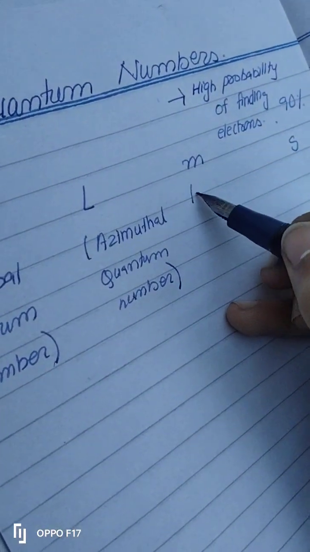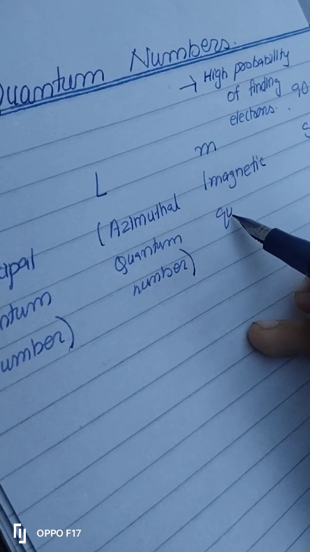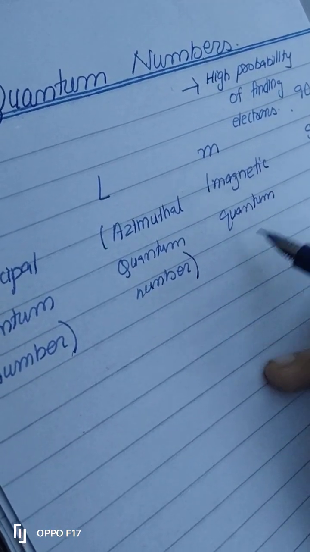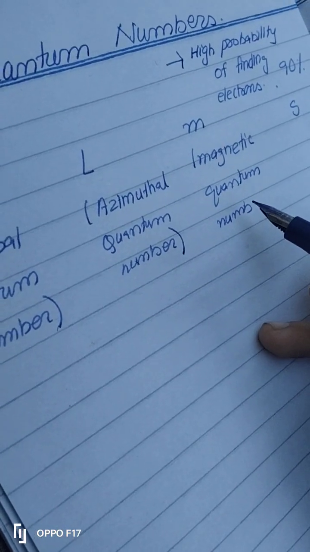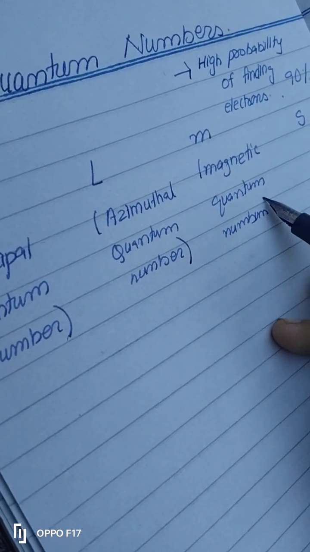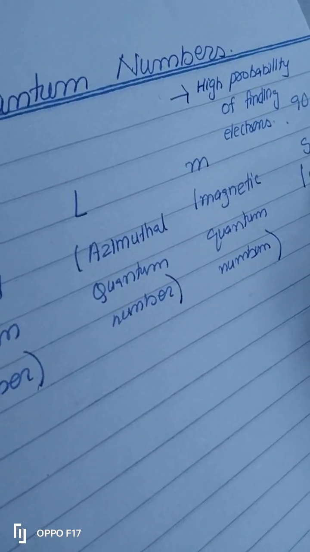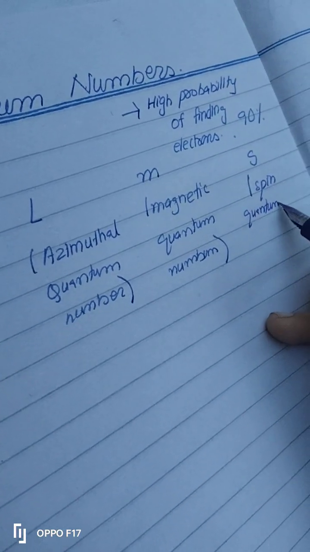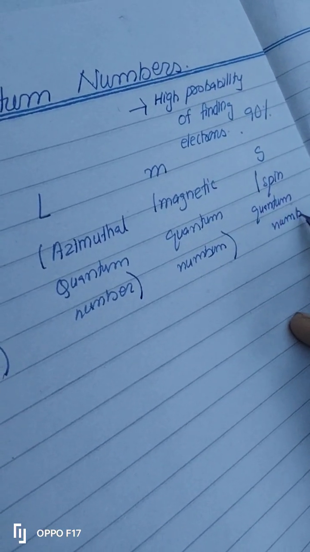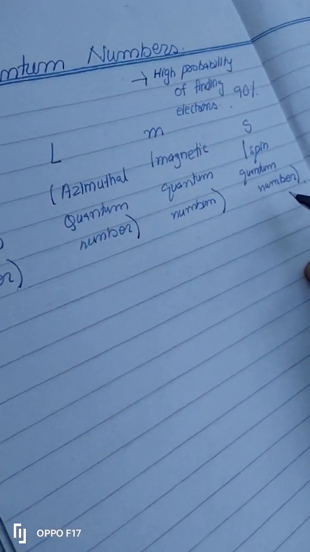M is the magnetic quantum number. It is also known as the orbital orientation quantum number. I will write it when we go into this in detail. S is known as the spin quantum number.